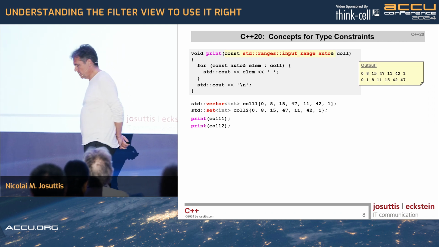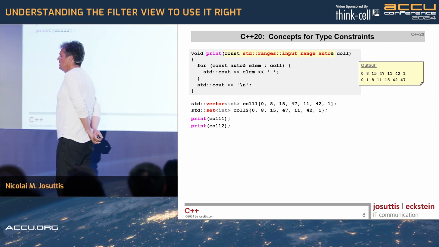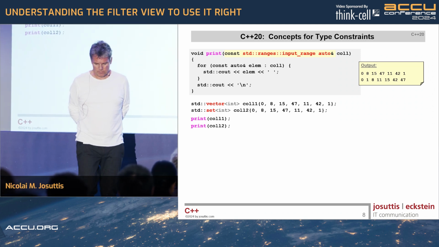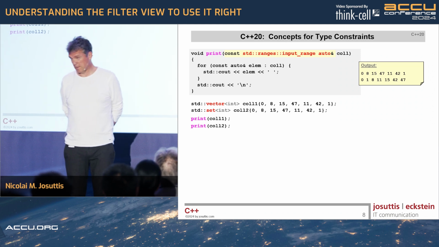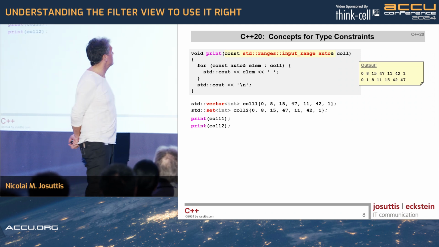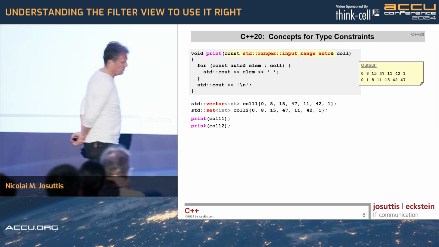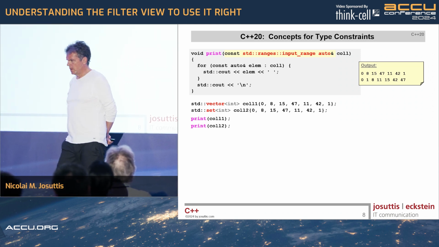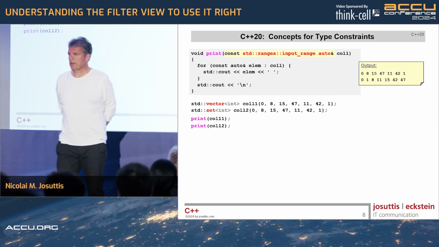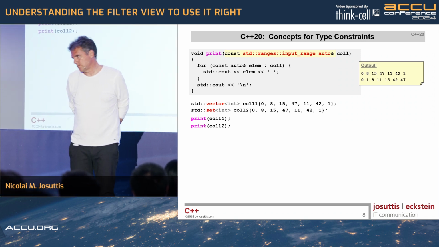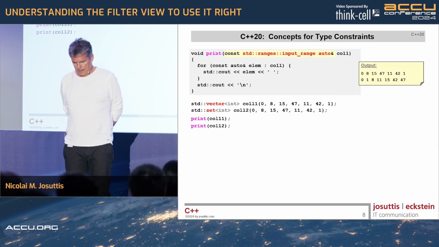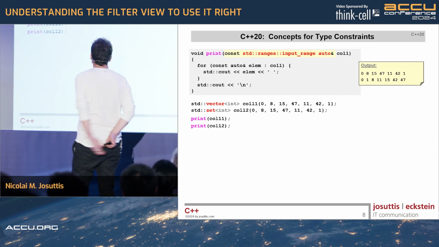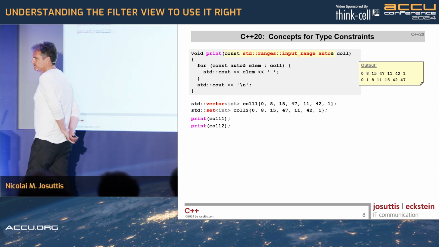And you can qualify this by saying we have concepts, to some extent require or constrain this function template so that the passed argument has to fulfill a couple of requirements which are specified under the name. It has to be an input range. Roughly speaking, that means we can iterate from begin to end using this object. Yeah, begin has to be in front of end and so on.